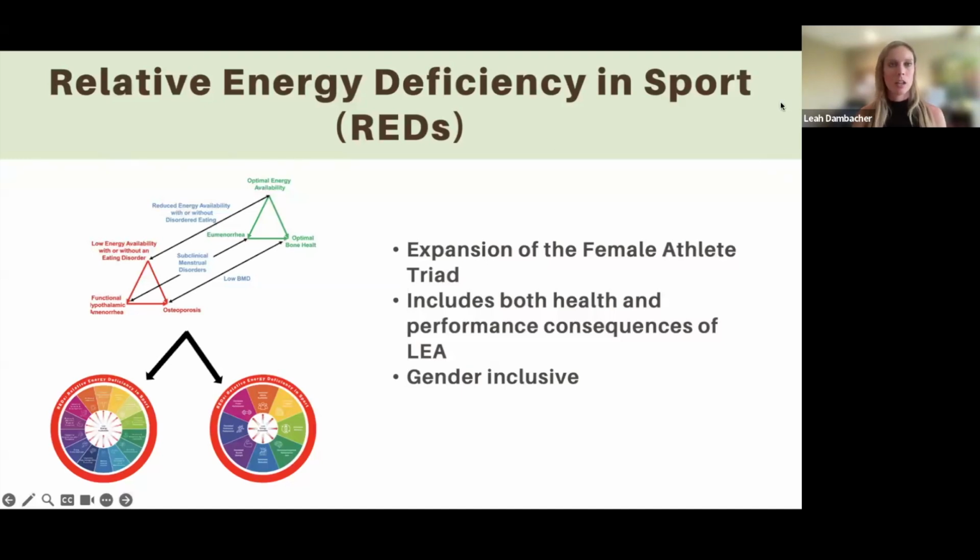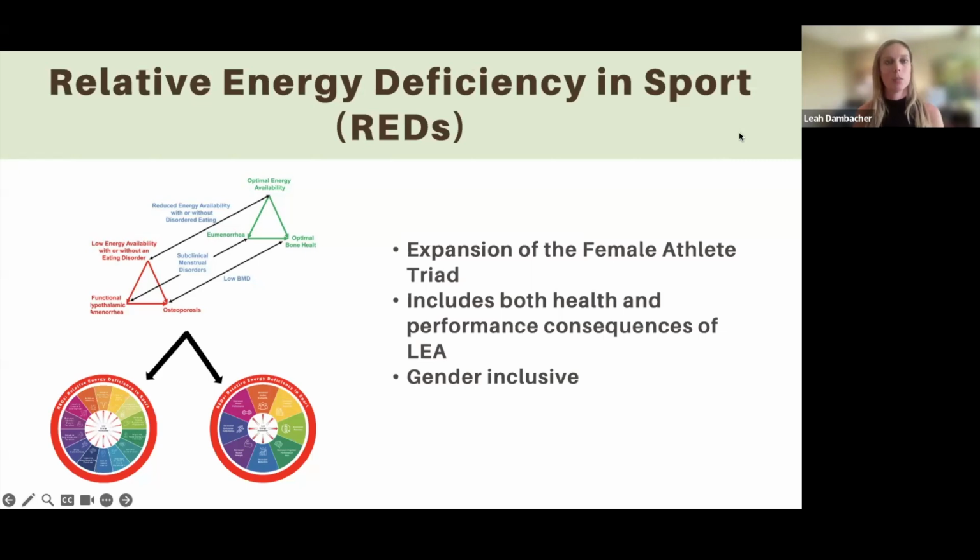And so this leads me to talking a little bit about relative energy deficiency in sport. So we talked a little bit about why it's really, really important to sustain an energy availability level that is sufficient for both health and performance. And so relative energy deficiency in sports, or REDS, is an expansion of the female athlete triad. And many of you might have heard of the female athlete triad before.